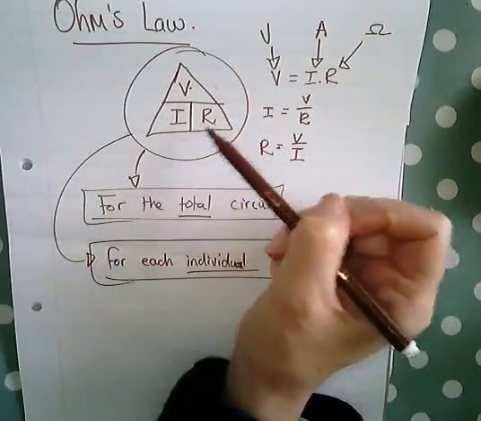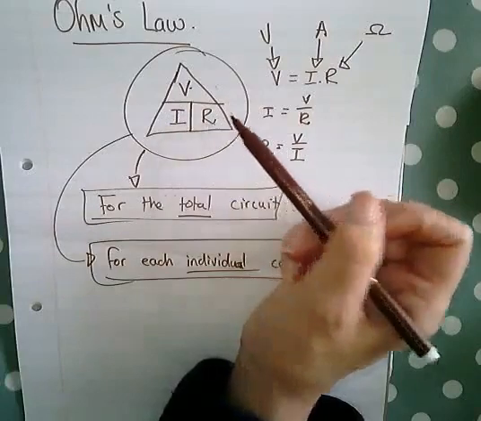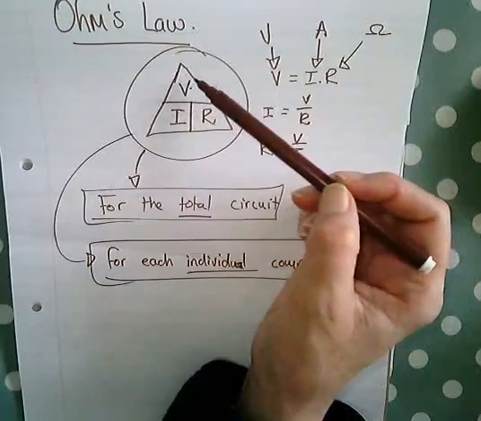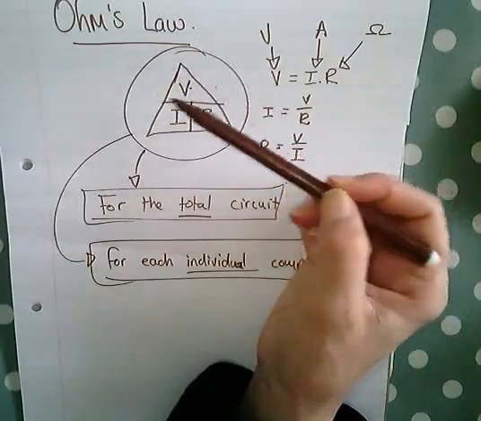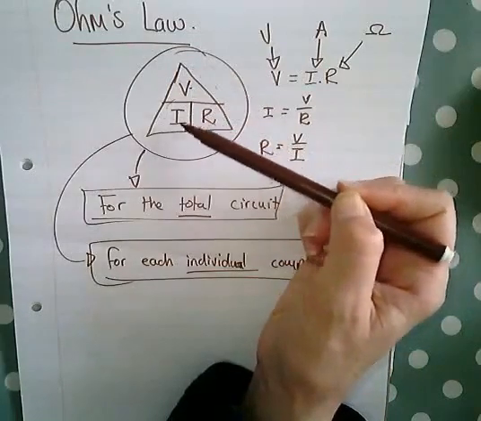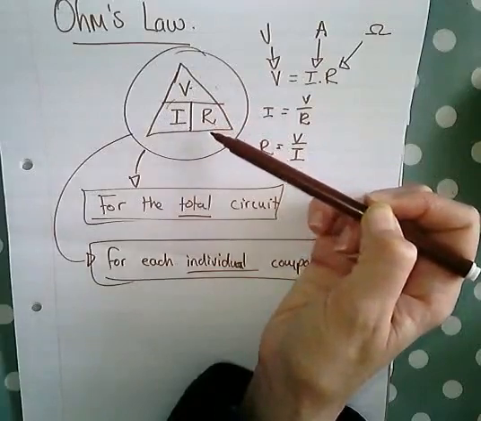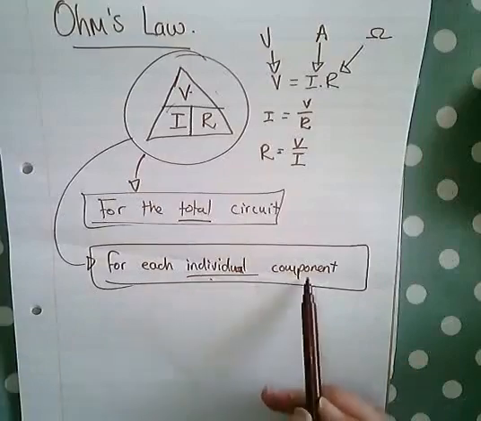If you need to calculate the potential difference across a whole parallel connection, let's say parallel connection A, then that's going to be the current through the whole parallel connection A multiplied by the resistance of the whole parallel connection A. So this is true for each individual part of the circuit as well as for the total circuit.